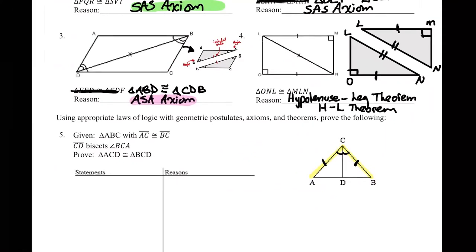So what we need to do is prove that these two triangles are congruent, right? So we need statements, we need reasons. Sometimes a statement is just a given, which is really nice. All of my given statements are part of my proof. They call it a 2-column proof. It's just another organizational strategy. It's very popular in geometry classes because geometric proofs can be very disorganized and hard to parse through.